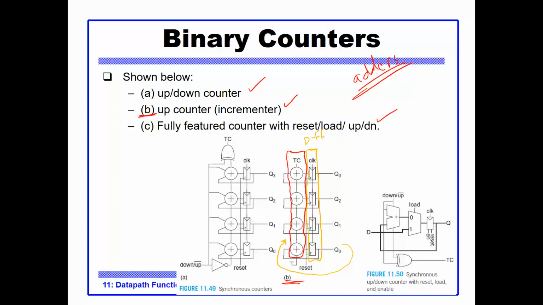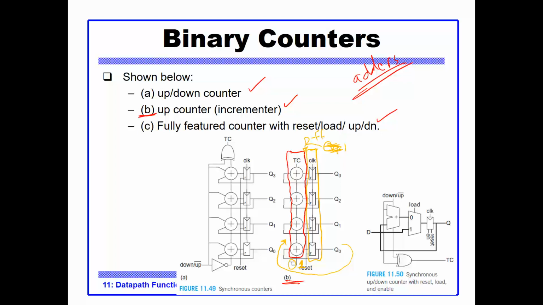Where is this one? We'll see this tied to VCC. This is the one, a carry in of value 1. So this adder adds the Qs plus 1, and it feeds this to the input of the flip-flops, updating them.